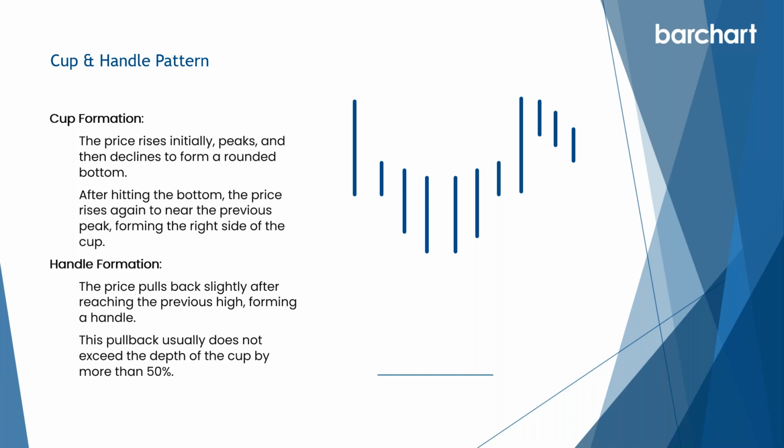This pullback usually does not exceed the depth of the cup by more than 50%. In terms of probability of success, pullbacks in the 10 to 15% range are better than deeper penetrations, which also have a higher failure rate.